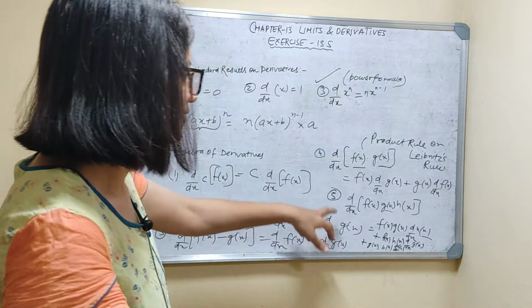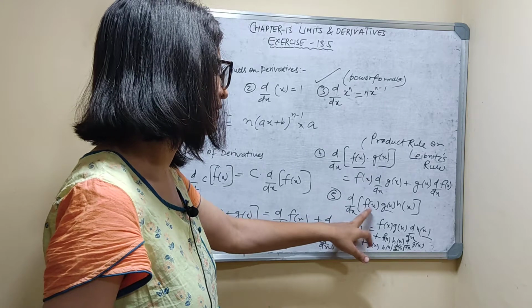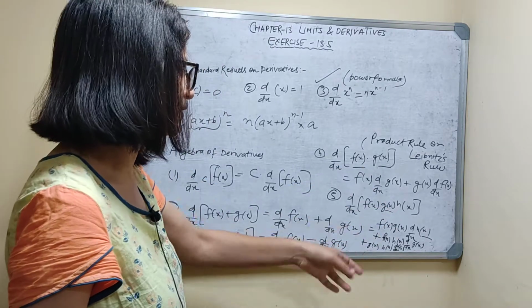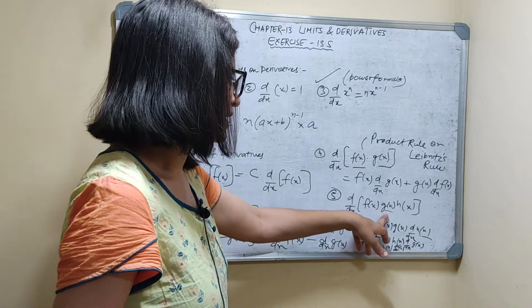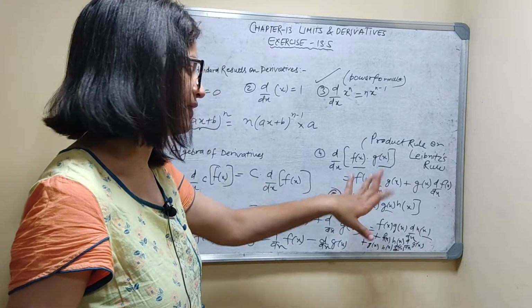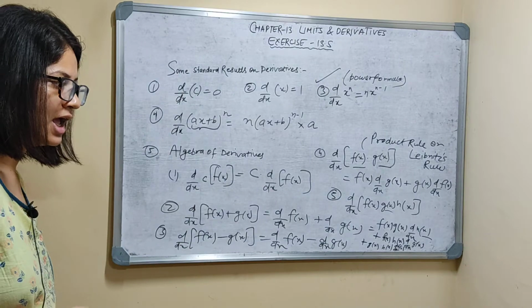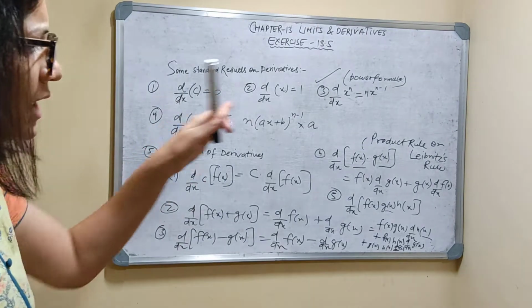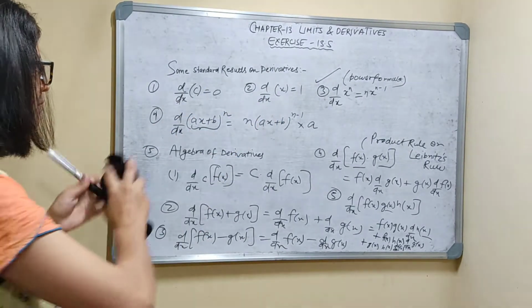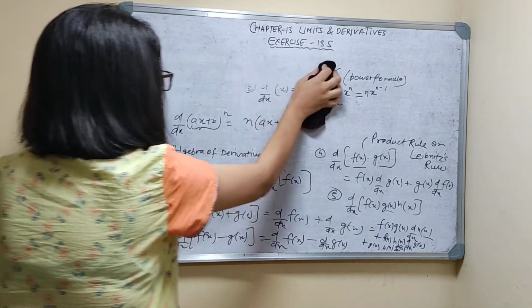Here all derivatives you have to find: d by dx of f(x) multiplied with g(x) and h(x), plus d by dx of g(x) multiplied with h(x) and f(x), then d by dx of h(x) multiplied with g(x) and f(x). If so many are there, the same pattern you have to follow.